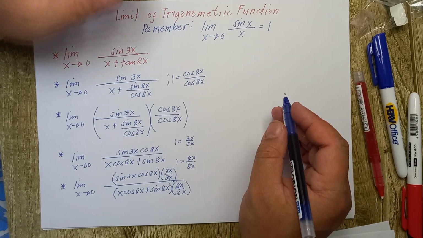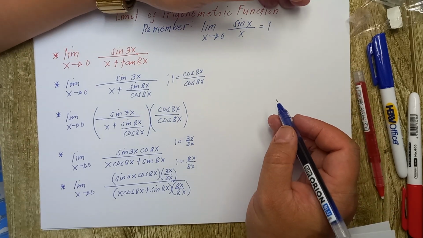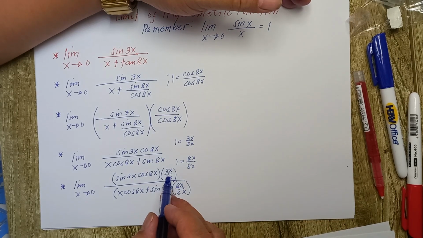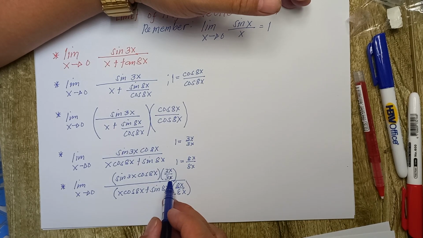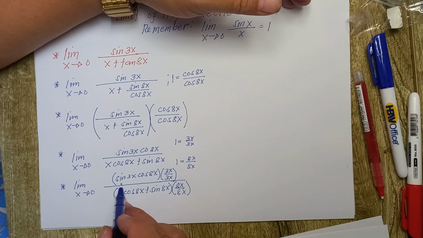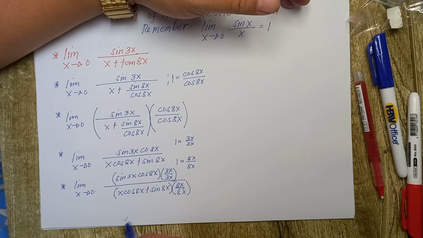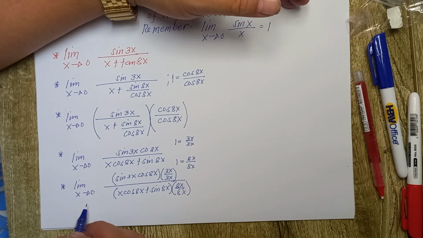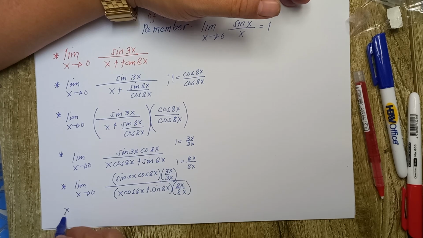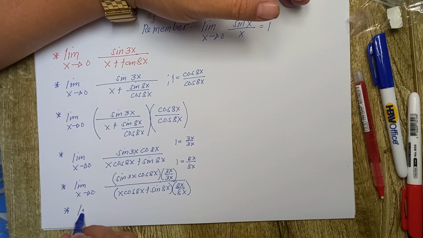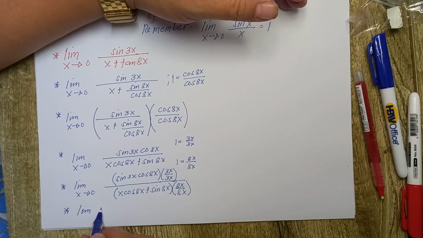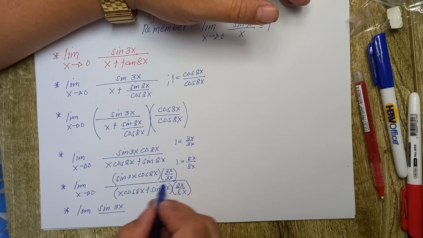So notice that when we are going to multiply this one, we can multiply this one in here to see to it that it will give you this statement, the limit of sine 3x over 3x, multiplied in here.